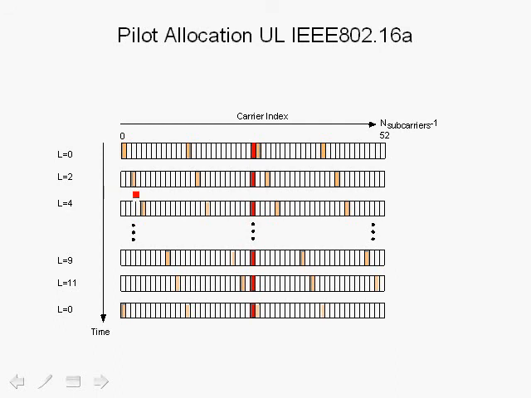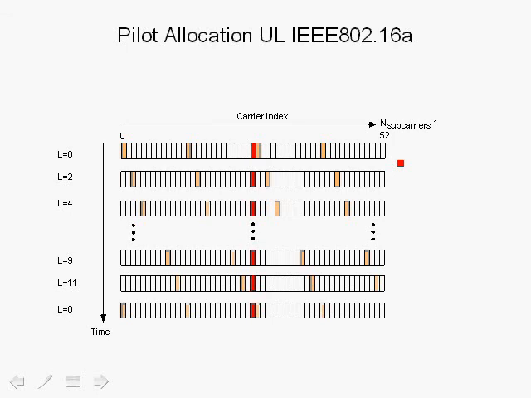For L equals 2, again we change the pilot locations for the next symbol. For L equals 4, which is for the third symbol, again the pilot locations change. And then after the 12th symbol, we go back to L equals 0 and we repeat the whole process again. So as you'll notice, the pilot locations for the 12th OFDM symbol is the same as the case shown over here.